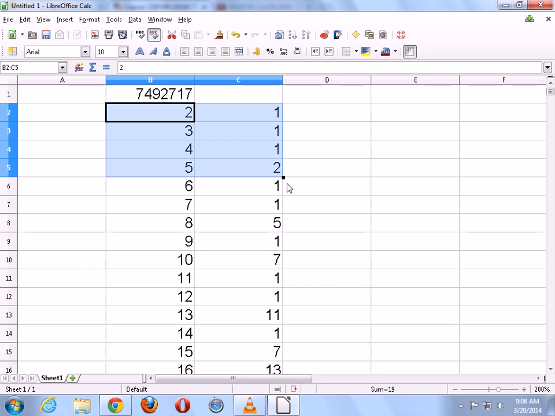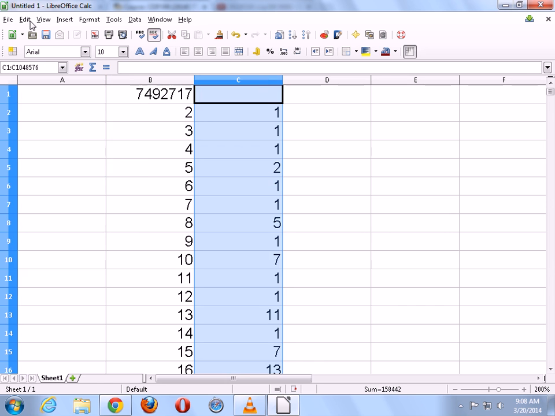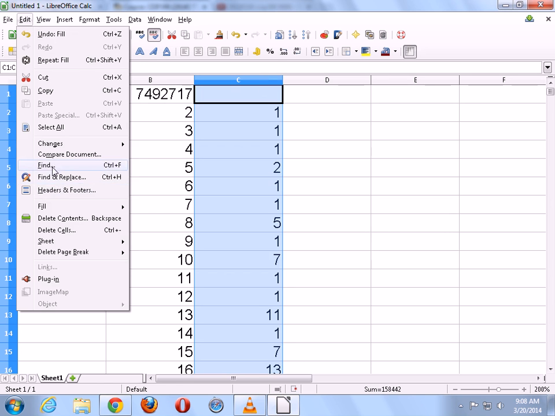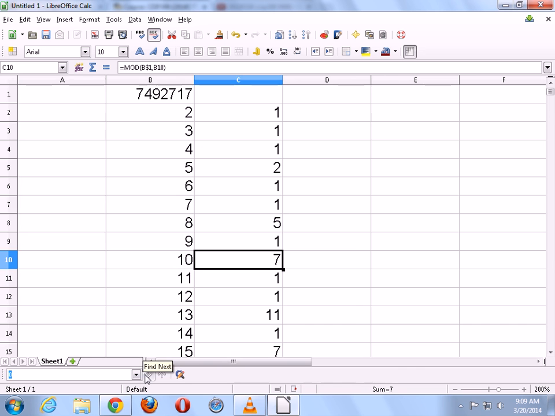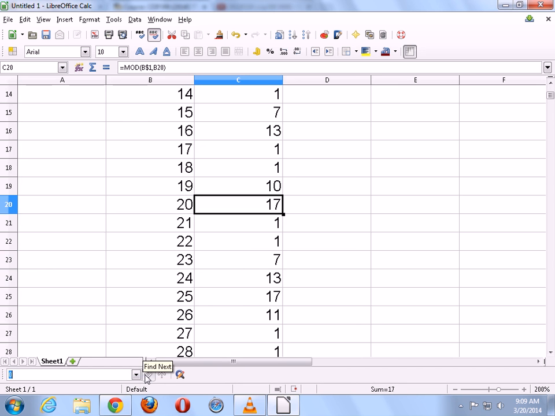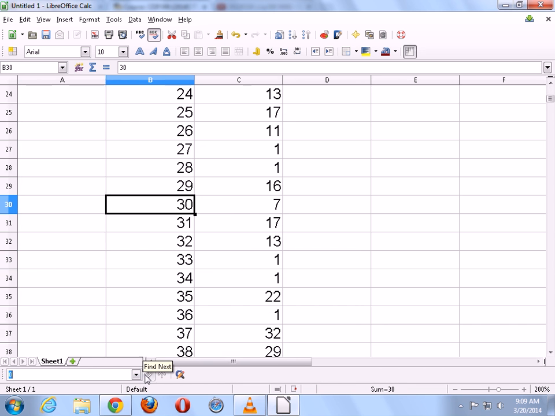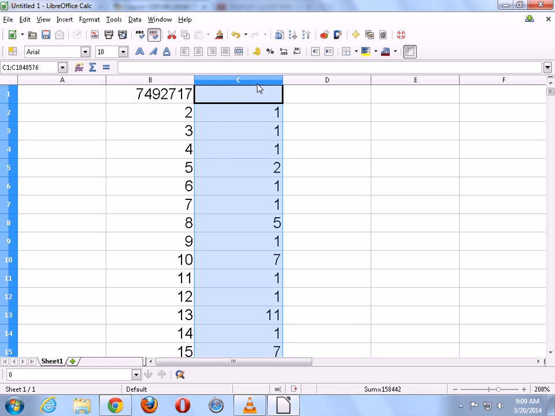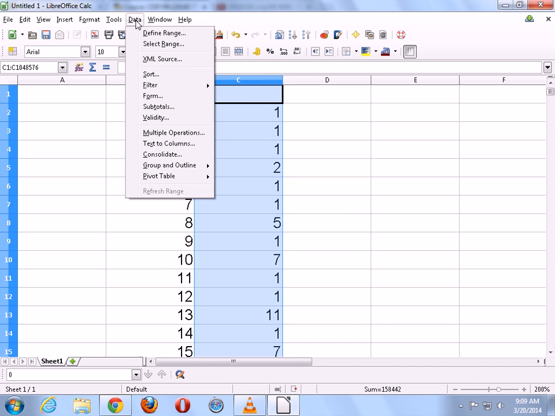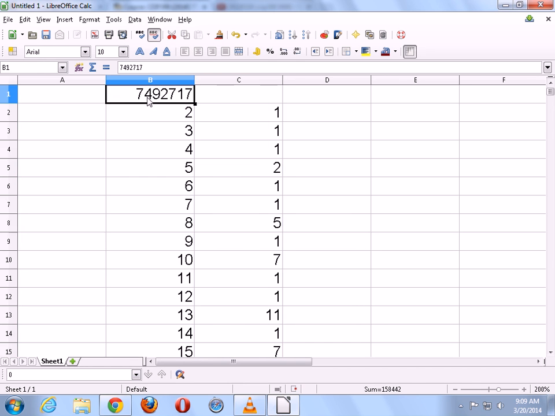But I need to look for a 0 in this column, column C. So let me see if a search can do it here. Let's go ahead and find the 0. Why don't you just put a filter at the top? That's a good idea. I have to select both columns, right?